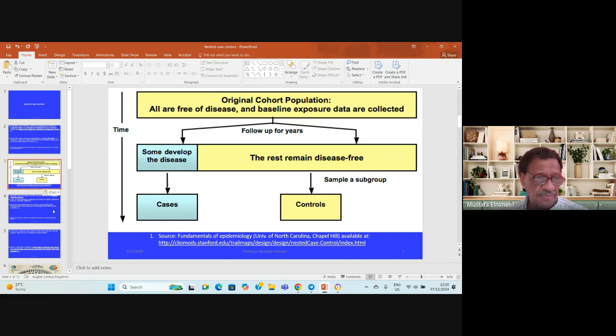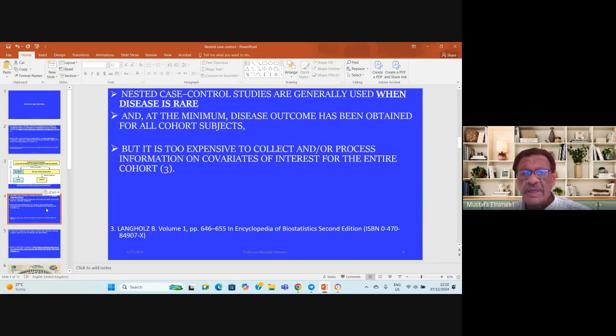website address. And nested case control studies are generally used when the disease is rare, and at the minimum, disease outcome has been obtained for all cohort subjects, but it is too expensive to collect and/or process information on covariates of interest for the entire cohort.